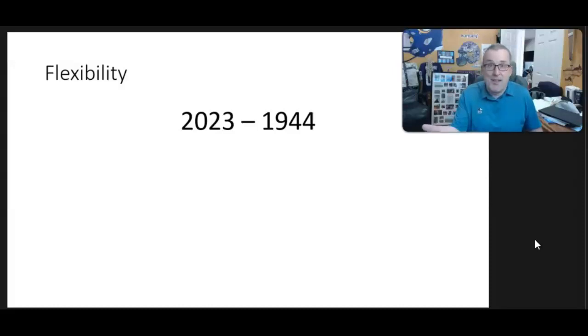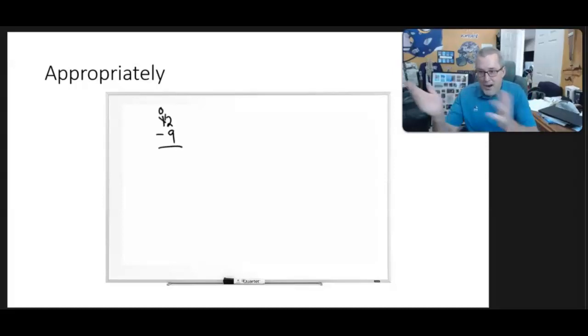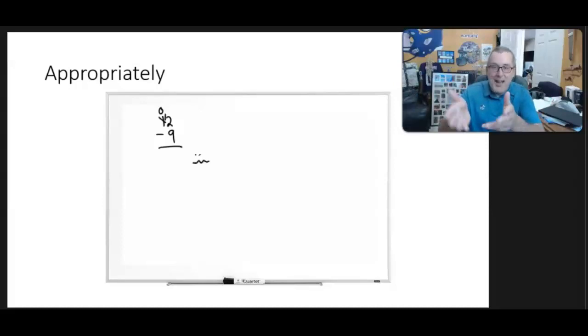And we want students to be flexible. Again, just showing this problem, the standard algorithm of borrowing 17 steps later when there's probably other ways. And so flexibility is an important thing. And in fact, watch this. Suppose a student needed to subtract 12 minus 9, and all they know is the standard algorithm. Borrow from the 1, make it a 0, carry the 1 over to the 12, and notice you're right back to 12 minus 9.